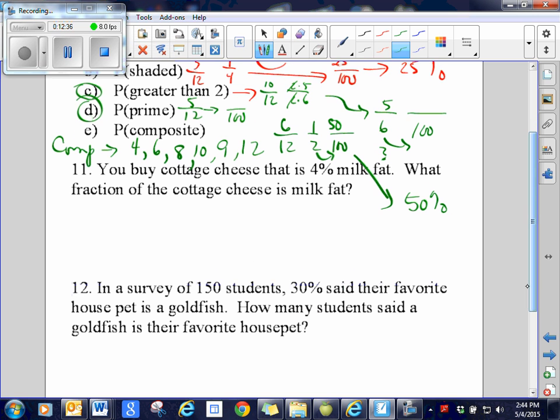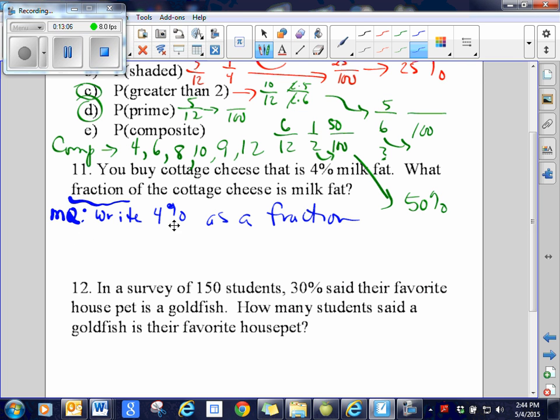Okay, let's take a look real quickly at a couple of these, and then we'll be done. You buy cottage cheese that's 4% milk fat. What fraction of the cottage cheese is that? It's asking you the math question. The math question is: write 4% as a fraction, taking all the English words away.